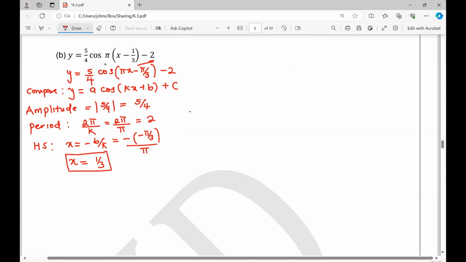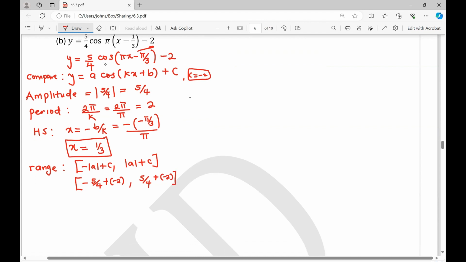Now, let's look at the range. When I say the range now, I mean the value of y. The range is going to be minus a plus c, then a plus c, right? So a is 5 over 4, so you have minus 5 over 4 plus c, but our c in this case is minus 2, right? So c is minus 2. And here you have 5 over 4, and here you still have minus 2.